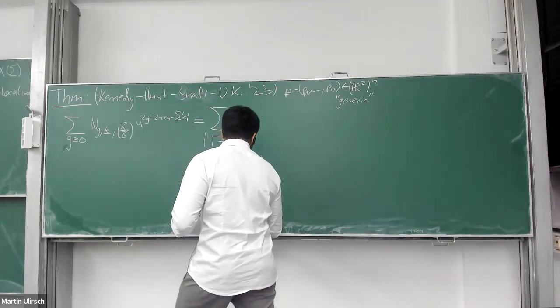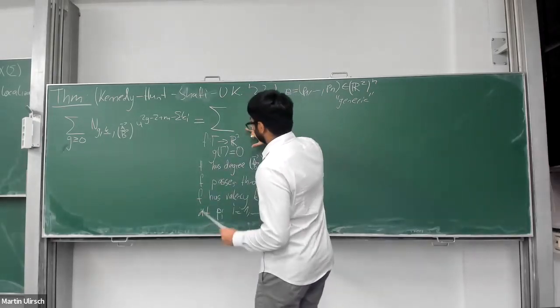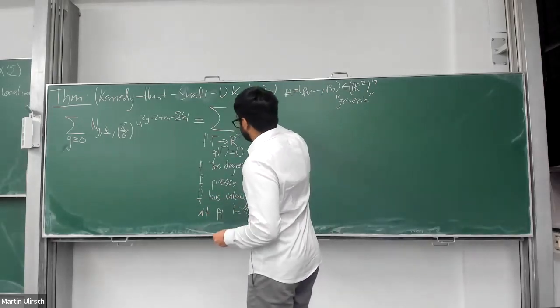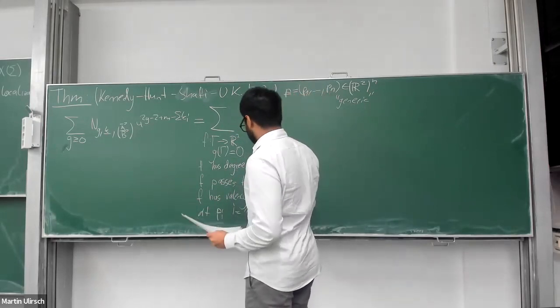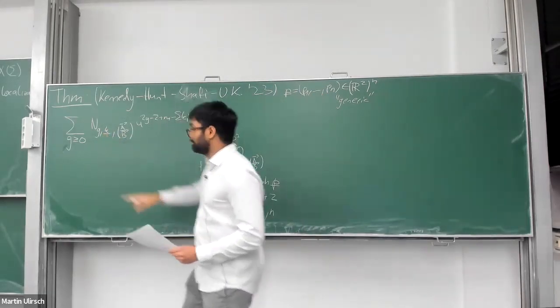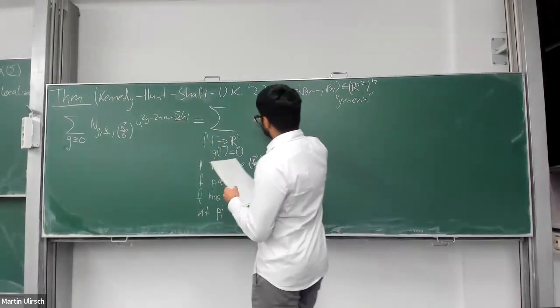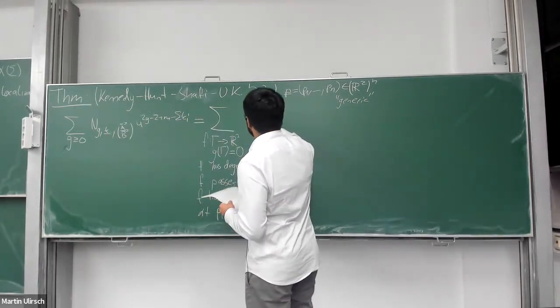Counting tropical curves in R2 passing through points with some valency requirements given by the vector K, each such tropical curve is counted with some multiplicity.